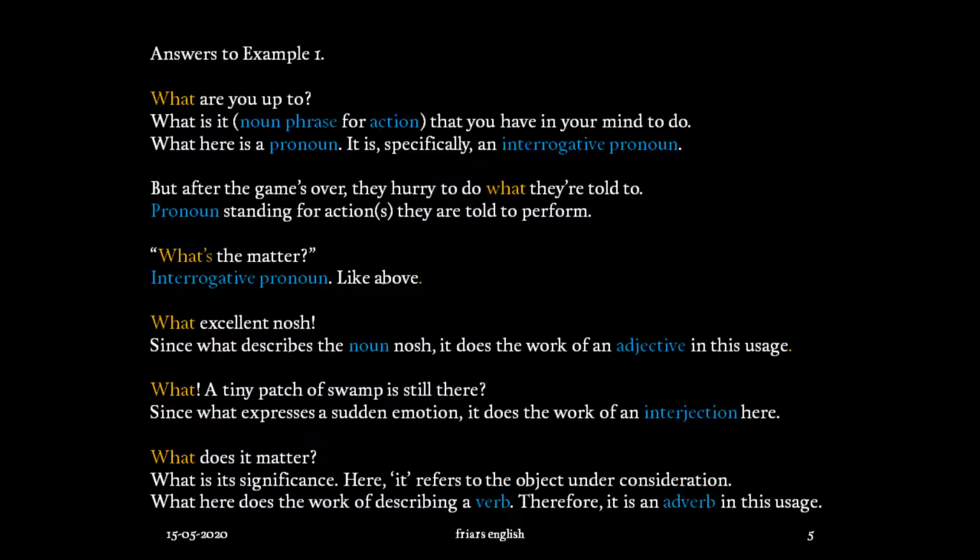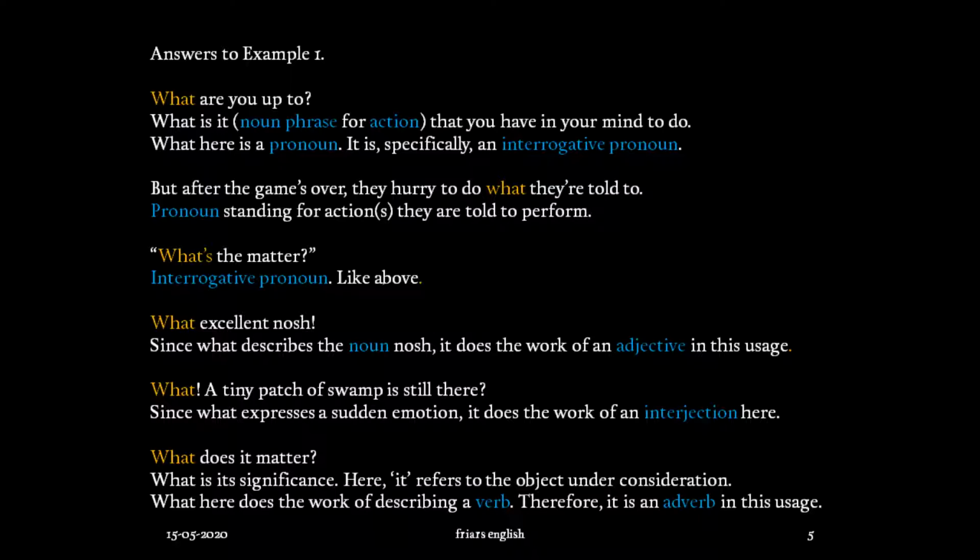Now here are answers to example 1. What are you up to? What is it that you have in your mind to do? That is, what are you planning to do in the immediate future? Now, what is it is a noun phrase for an action that the addressee has on their mind. This is a lot of words, and we'll explain these terms later in another video.